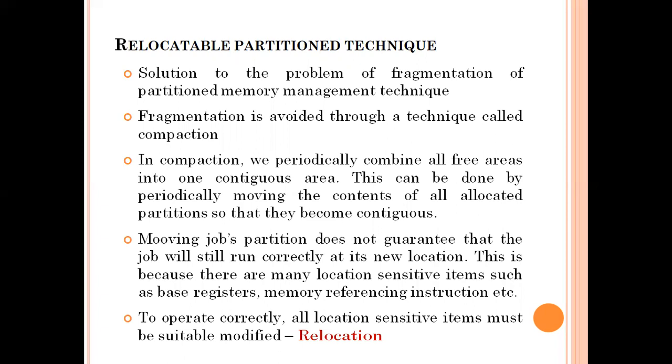All the occupied area is shifted up, and naturally the free area will be formed at the bottom. So this technique of shifting all the occupied area into place naturally leaves all the free area continuously at the bottom.